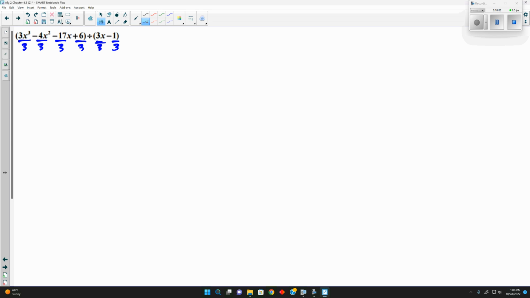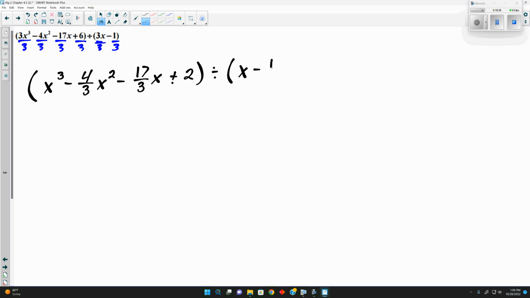Now, the first one's nice, because 3x cubed divided by 3 is x cubed. Minus, does 4 divide by 3 evenly? Negative 4/3. Minus 17/3 x plus 6 divided by 3 is 2. We have to divide it all by 3 for this to work.